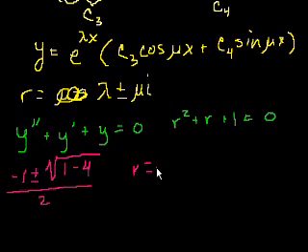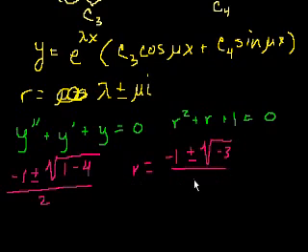So the roots are going to be negative 1 plus or minus the square root of negative 3, over 2. Or we could rewrite this as r is equal to negative 1/2 plus or minus, well, we could rewrite this as i times the square root of 3 over 2.